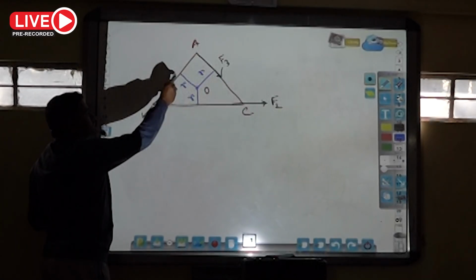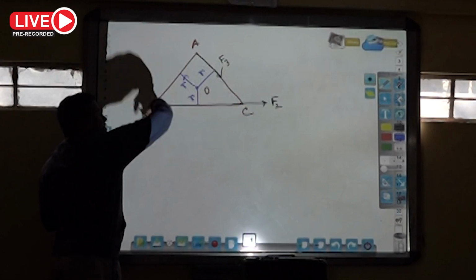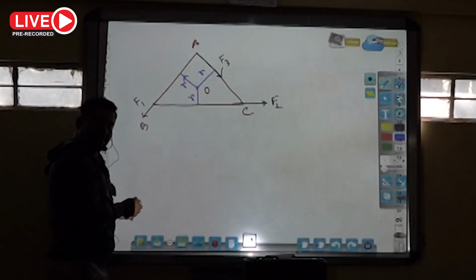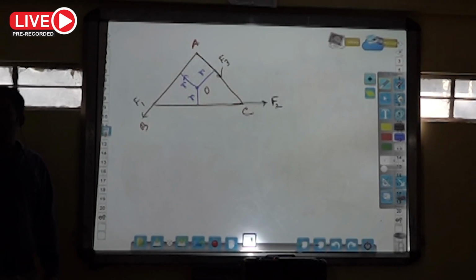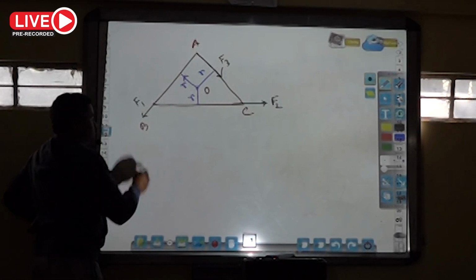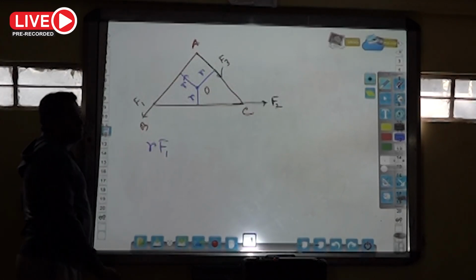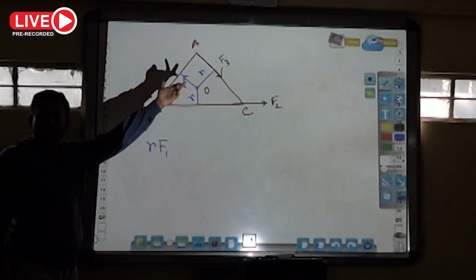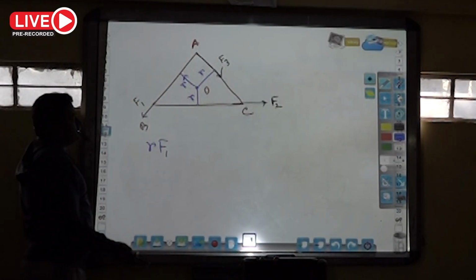Check, this is R, so R cross F, it will try to rotate like this, means in anti-clockwise. Anti-clockwise torque is taken as positive. So R into F1, because these are perpendicular, sin 90 will be 1. So R into F simply.